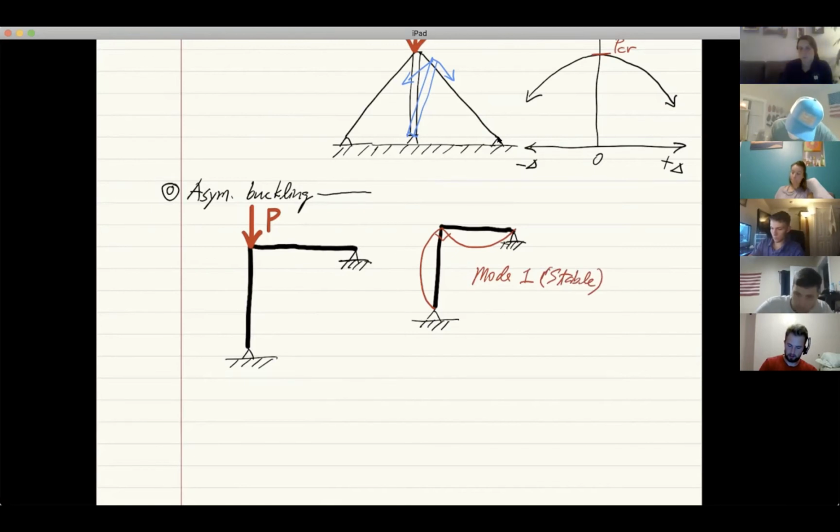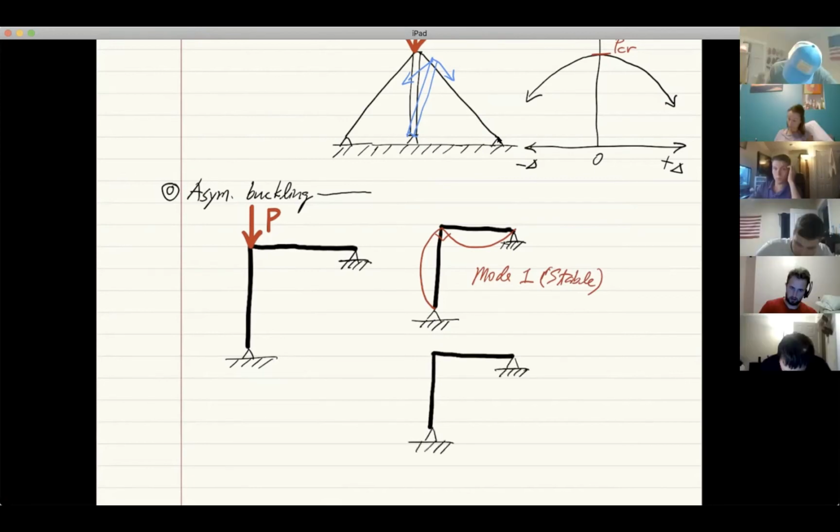And the other one is this. Right here, you still preserve the right angle. It's what we call mode 2. And mode 2 is unstable.